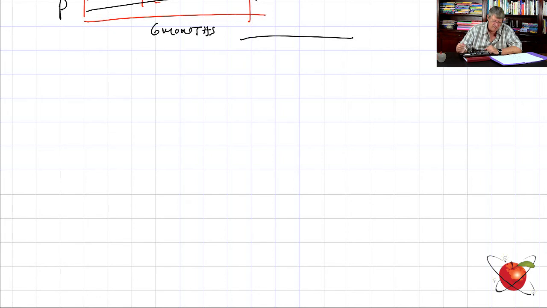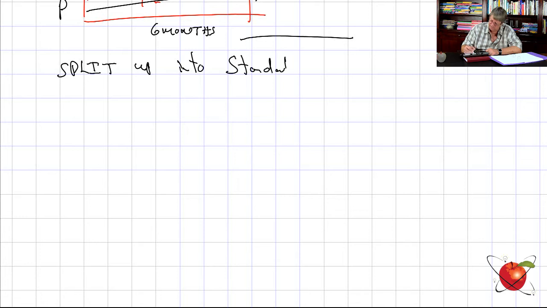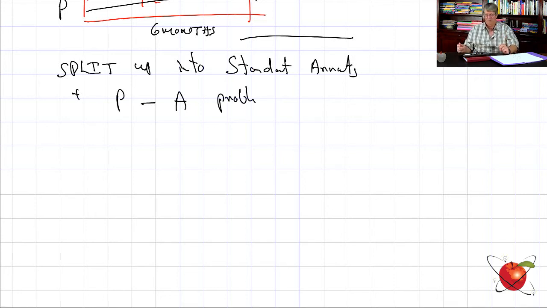What you do here is we split it up into a standard annuity and a straightforward PA problem. 1 month payment, one payment going right to the end, and add them. That's what my future value will be.